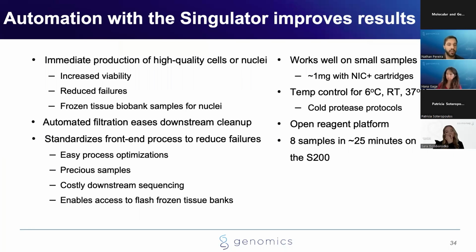And then it's fast. So for nuclei on the S200, you can do 2 samples at a time. You can do your 8 samples for a sequencing run in about 25 minutes. So the benefits of automation make everything faster and more easily optimizable and more reproducible.